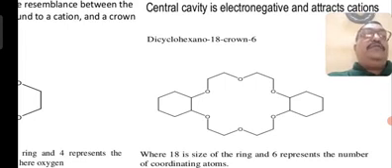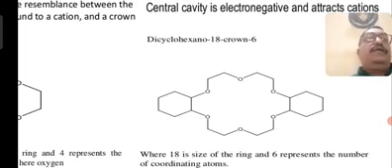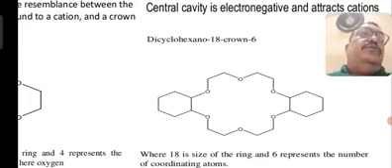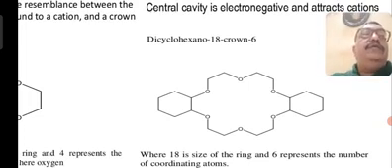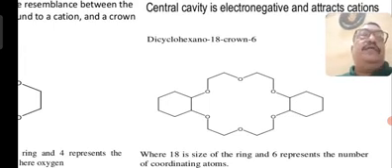Now what is 6? 6 is the number of oxygens. So in the 18 membered ring system, there are 18 atoms, out of which 6 are oxygen. So the name of this compound is 18 crown 6, or else, since 2 cyclohexane rings are there, it is called dicyclohexane 18 crown 6 ether.